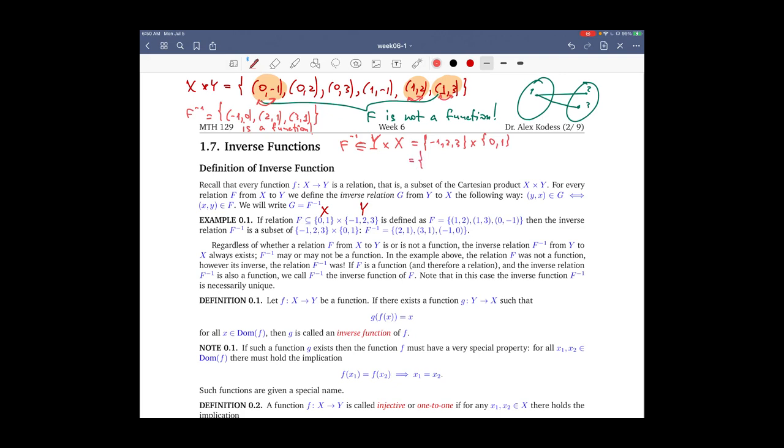And this Cartesian product will also have 6 elements: (-1, 0), (-1, 1), (2, 0), (2, 1), (3, 0), and (3, 1). F inverse only contains (-1, 0), (2, 1), and (3, 1).